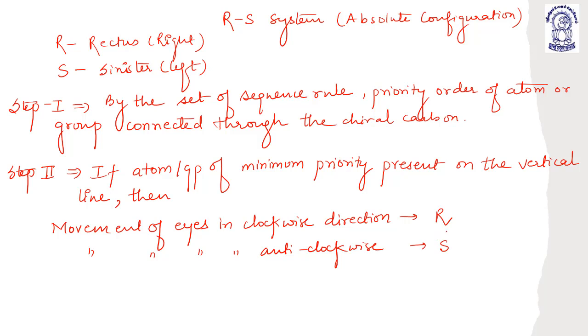Movement of eyes is taken from 1 to 2, 2 to 3 through lower molecular weight group if needed.